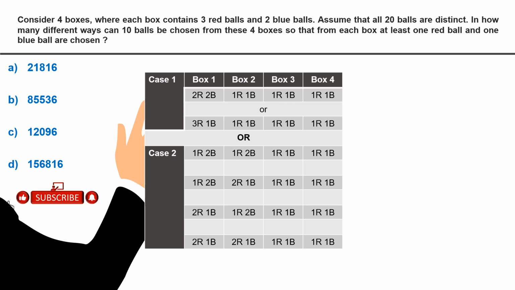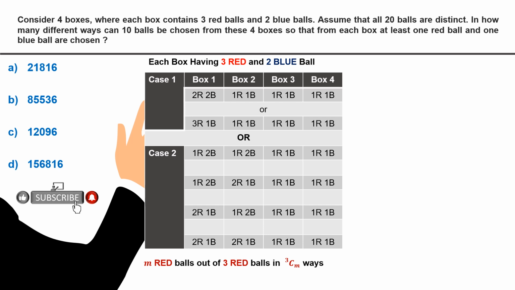Now in this case, each box has 3 red and 2 blue balls. M red balls can be selected out of 3 red balls in 3CM ways, and N blue balls out of 2 blue balls can be selected in 2CN ways.